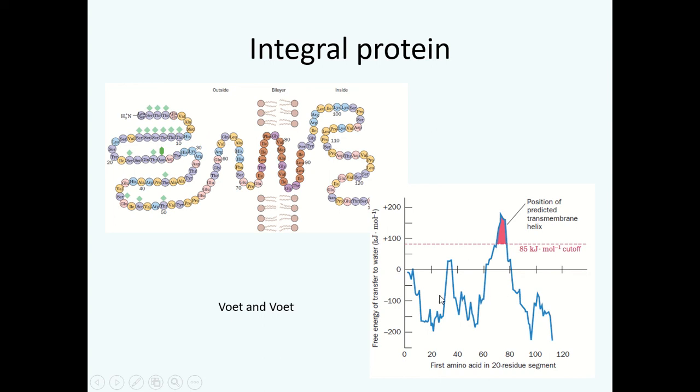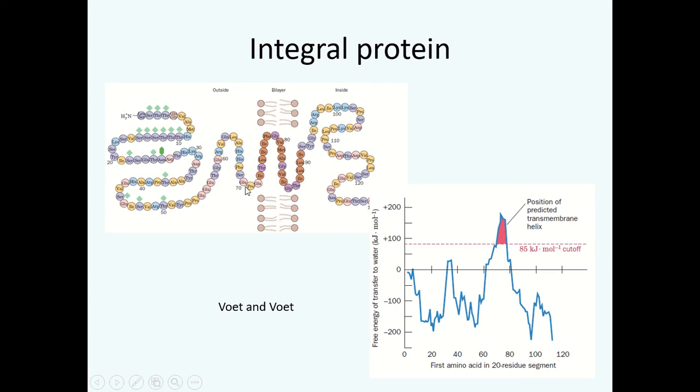And this is represented in the graph here as well, that you do not see a high amount of free energy when this portion is transferred into water. That means this part of the protein is more stable in water. Hence, it is expected to have more hydrophilic amino acids in it.